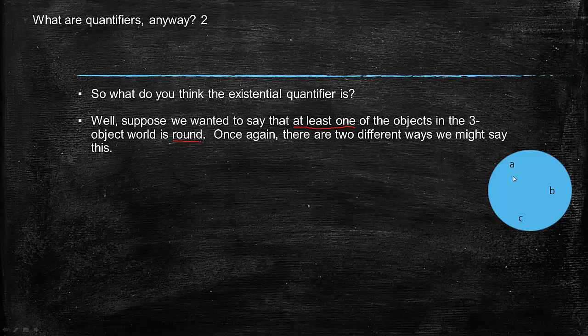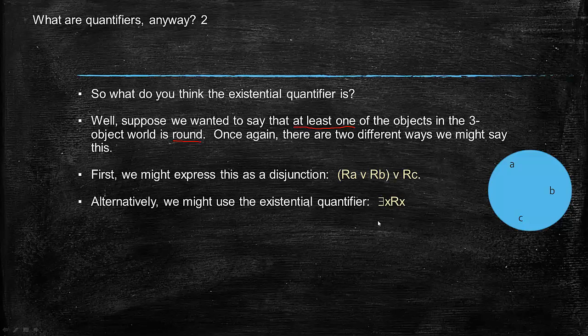How would we do that? Well, I bet you can figure that out. The answer is that we would just use a disjunction. So we'd say, hey, A is round, or B is round, or C is round. We don't know which. All right? Now, the other way to say that is there exists an x such that x is round.